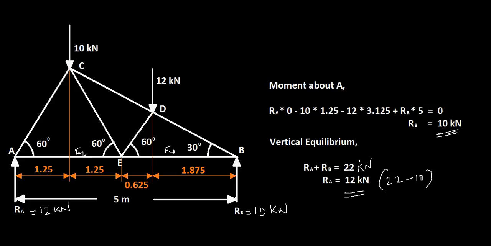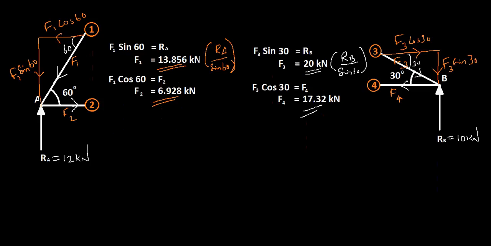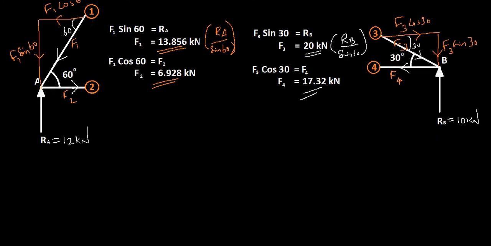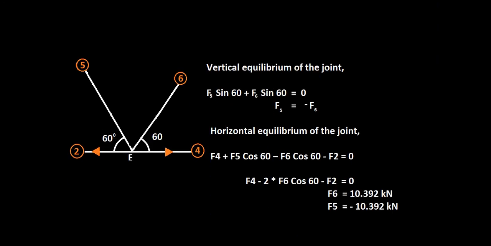We have F2 and F4 already known as 6.928 and 17.32, both away from the joint. So F2 6.928 and F4 17.32, both acting away from the joint, and you have to find F5 and F6.